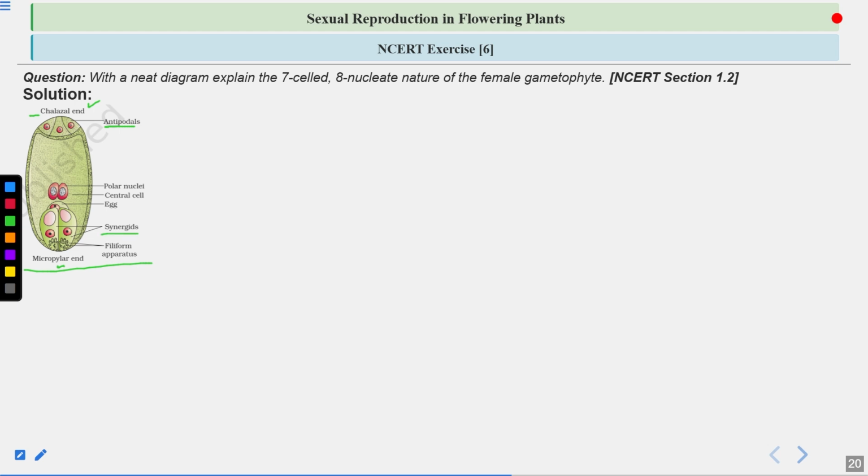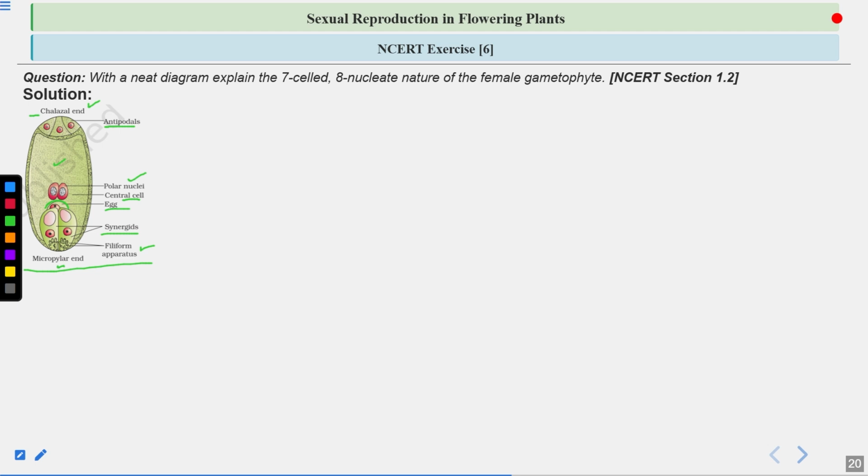You can see the synergid cells are quite large, and the egg is present behind them. This is the egg cell. Now, a very important point here: in the synergid you can see the finger-like projection. That is called the filiform apparatus. And there is one central cell which contains the 2 polar nuclei.